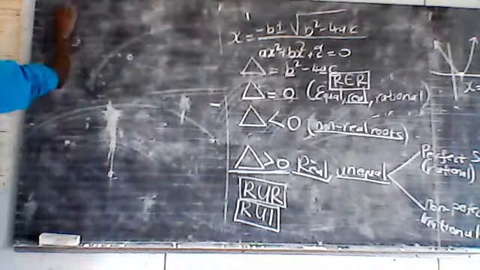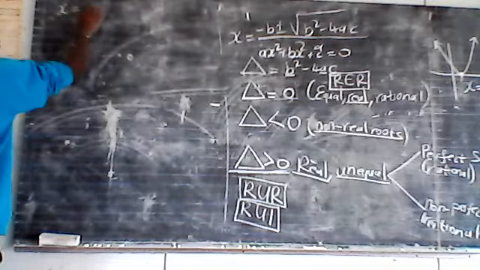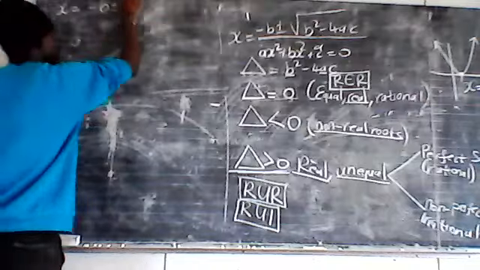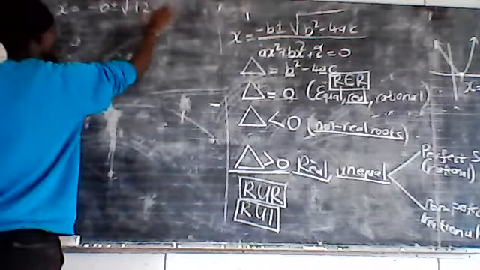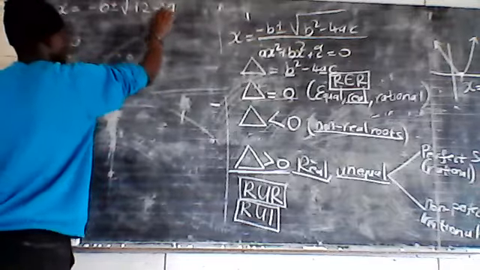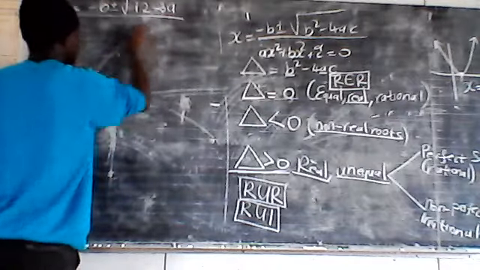So I'm just going to put the way you are going to be questioned in grade 11 and grade 12. Say for instance we are given an equation saying x equals -6 plus or minus the square root of 12 minus, let's say, 3a, divided by 2.